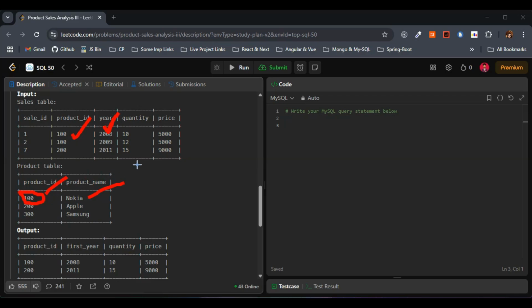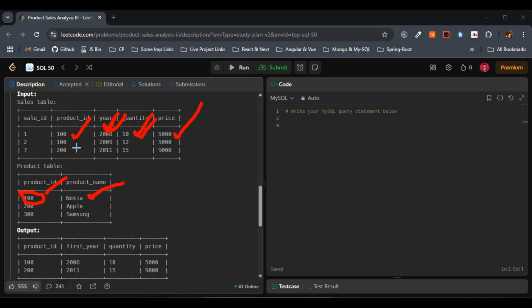So we will select the record with quantity 10. For Nokia, year 2008, we consider quantity 10 and price 5,000.